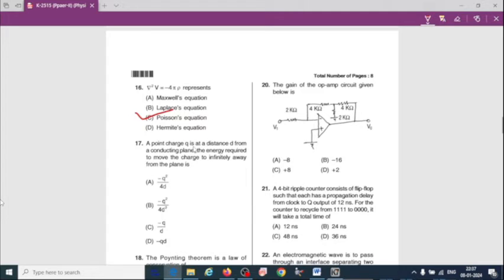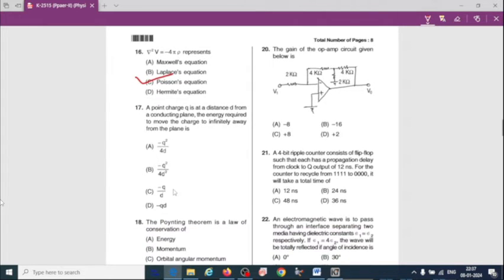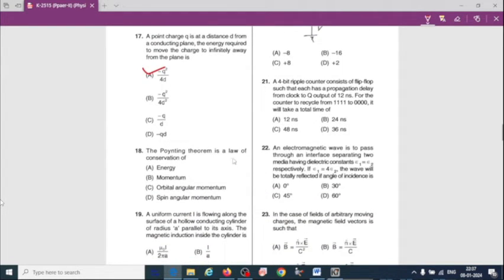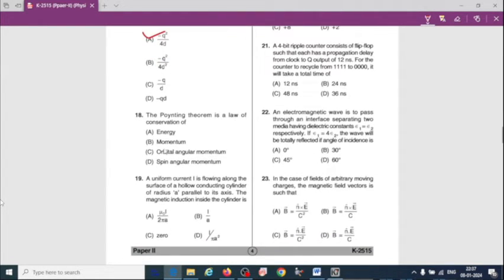A point charge q is at a distance d from a conducting plane. The energy required to move the charge to infinitely away from the plane is, so that is point charge. So option A, minus q square divided by 4d. The Poynting theorem is a law of conservation of energy, momentum, orbital angular momentum, spin angular momentum.